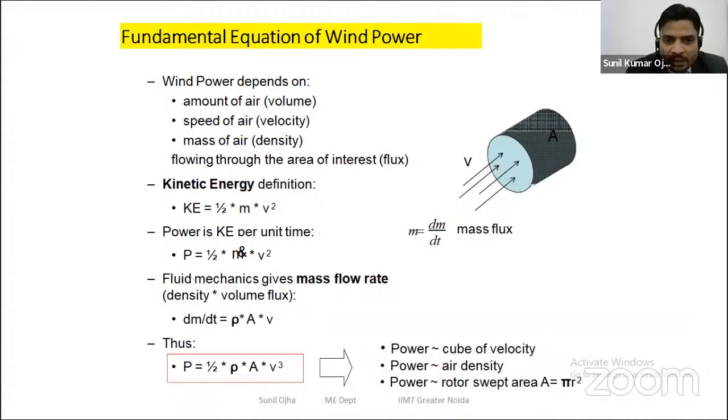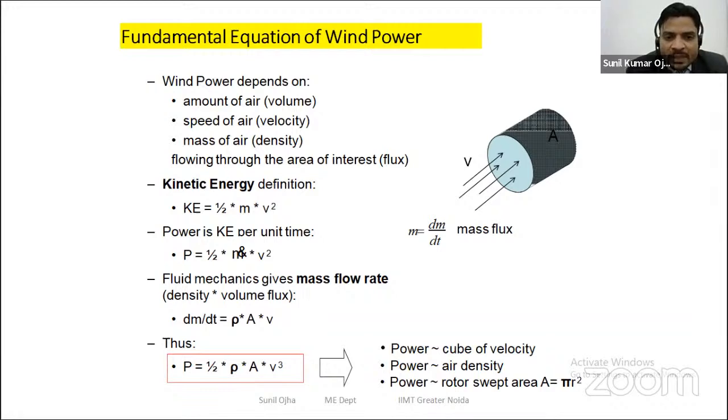Kinetic energy is half m v squared, where m is the mass and v is the velocity. Putting these values in the kinetic energy equation, with m as dm by dt, the mass flux, power is kinetic energy per unit time. So we can calculate the power as half m-dot v squared.